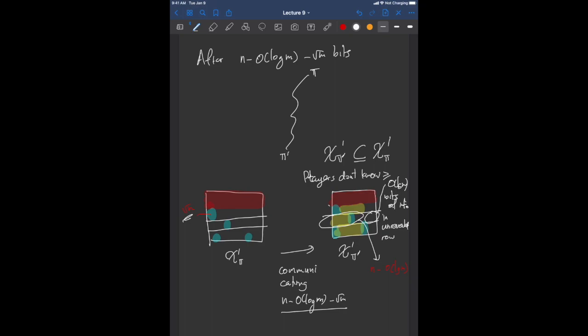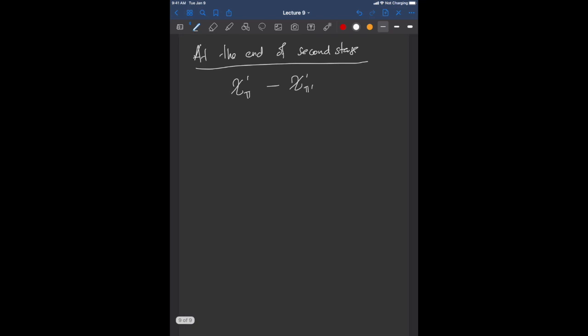Yeah. And the way we also guaranteed, we had this guarantee that x dash pi dash is at least x dash pi divided by what? So every bit of communication in the second stage, this set would halve. So how many bits did we communicate?